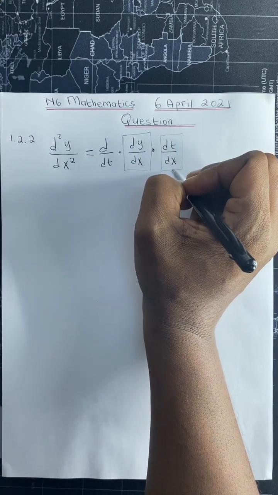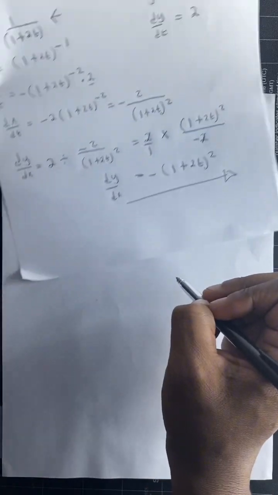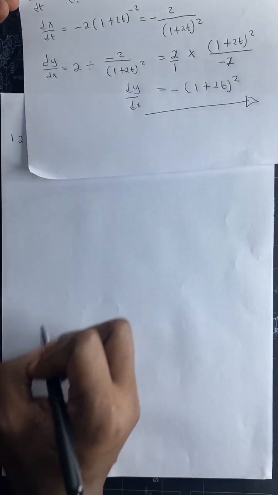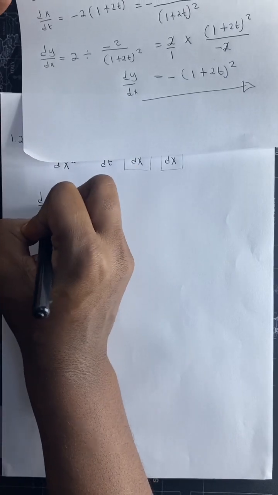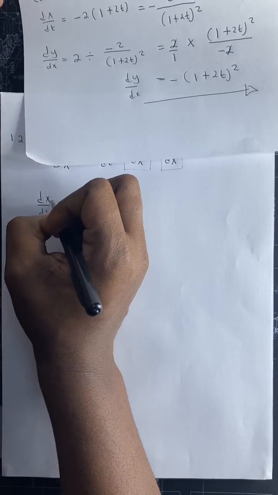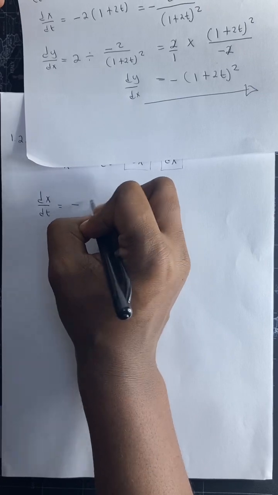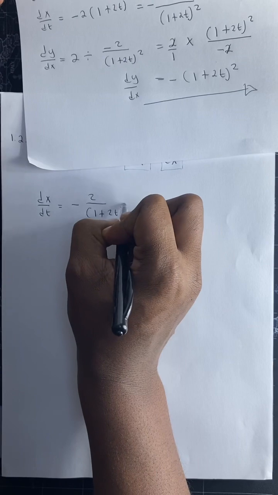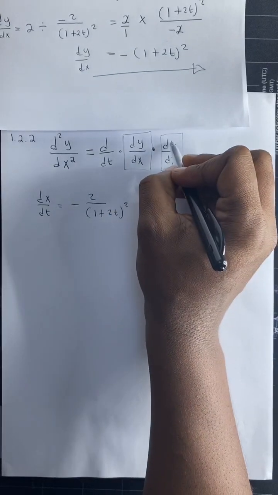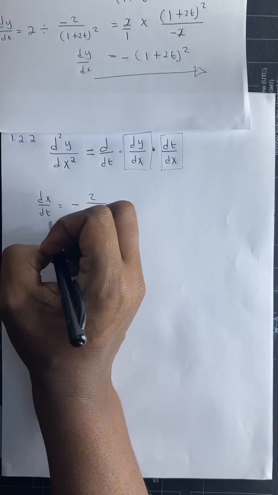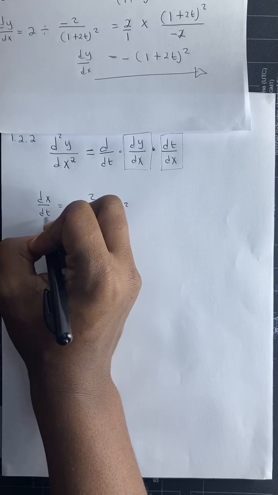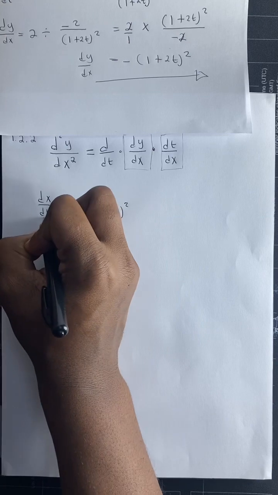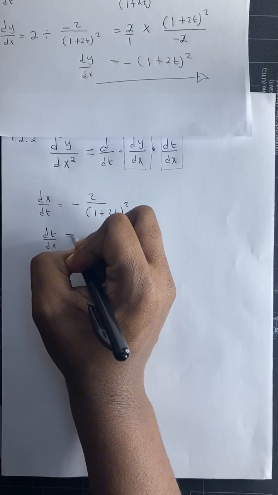In our previous question, we had dx over dt, and this was equal to negative 2 over (1 plus 2t) squared, but we need dt over dx, not dx over dt. So to determine dt over dx, we flip it, and what you do on the left, you also do on the right.